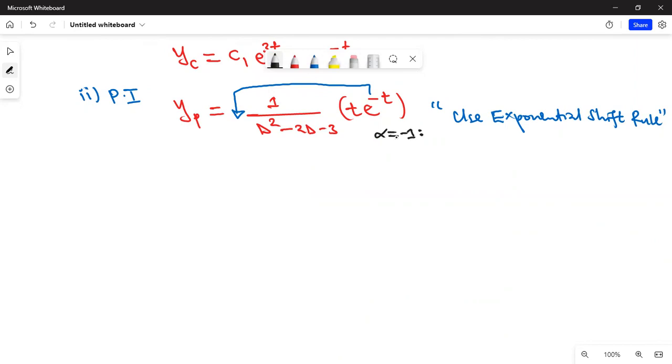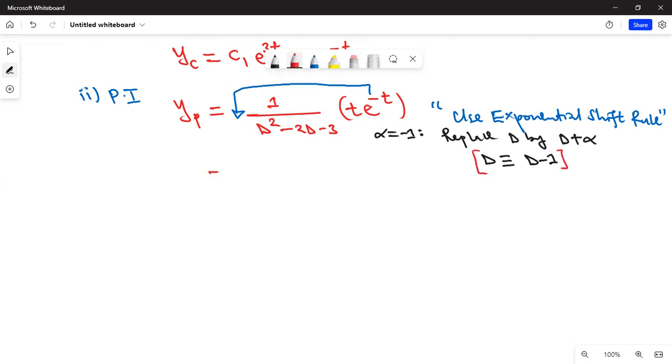So what do we do? Where we have D, you replace D by D plus alpha. That means where we have D, we need to put D minus 1, because our alpha is -1.